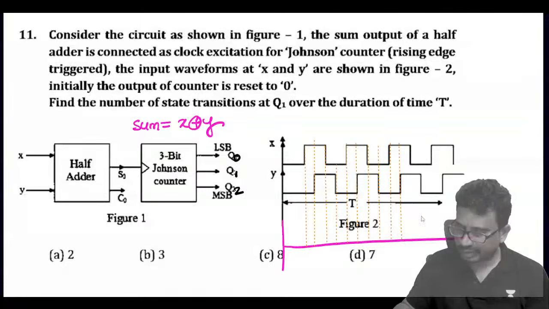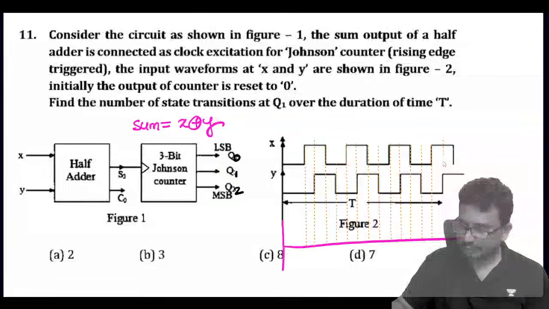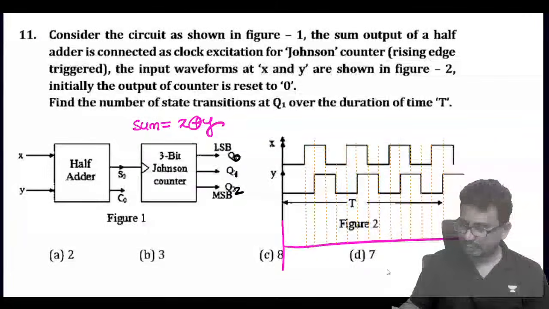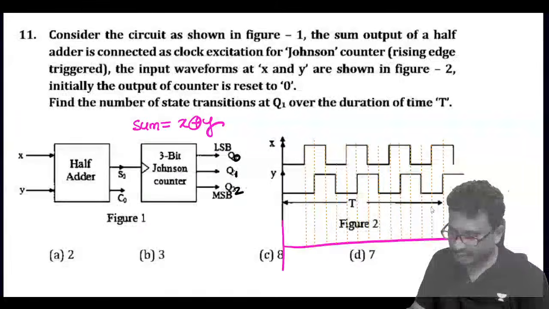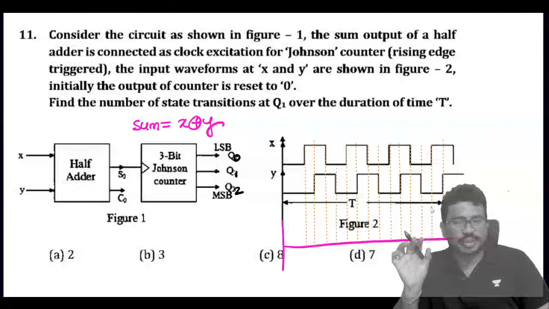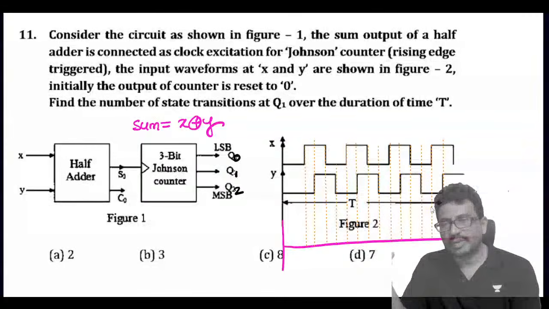Over this time period T we need to find the transitions. Whenever these two inputs are different, the output is 1. We need to see how many clocks will go, how many times the output is 1.